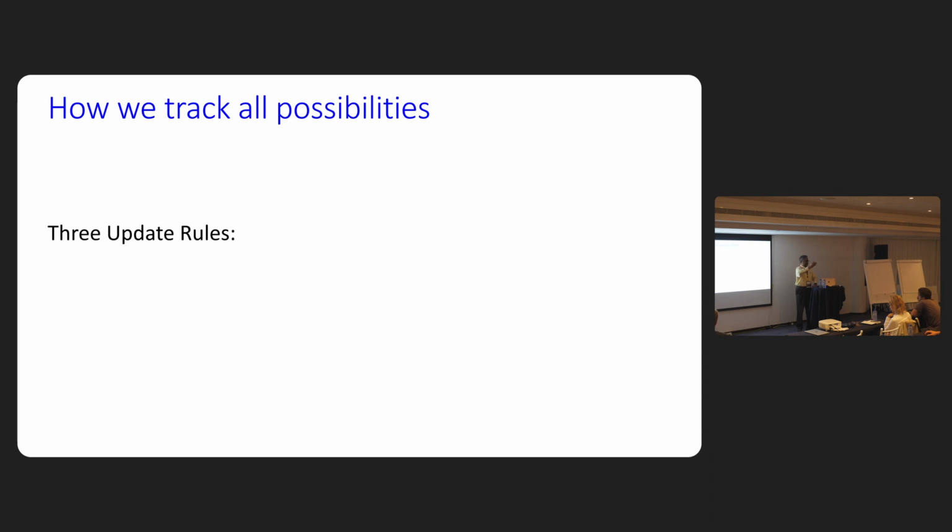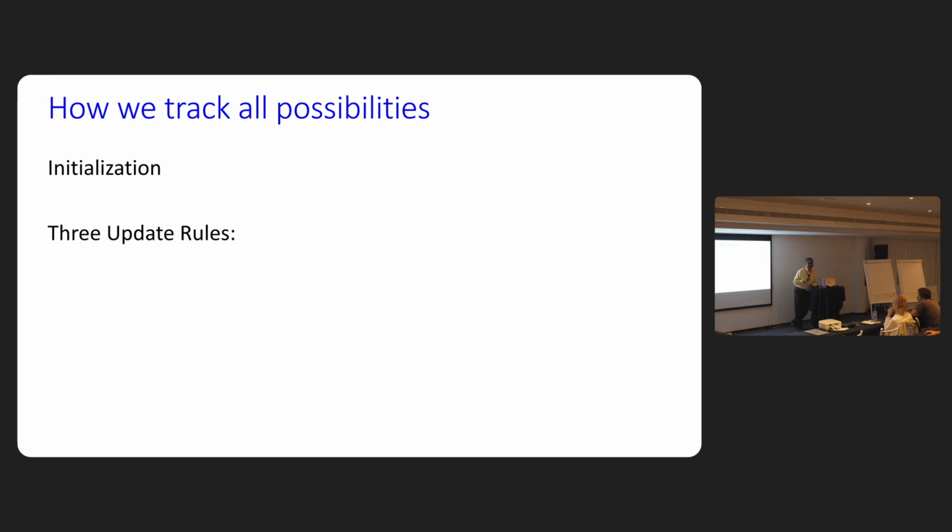As the algorithm executes each step, the set of possibilities can keep changing. So how do you track all these possibilities? To track all of these possibilities, we are going to initialize the set of possibilities in a very reasonable, very straightforward way, as you will see.